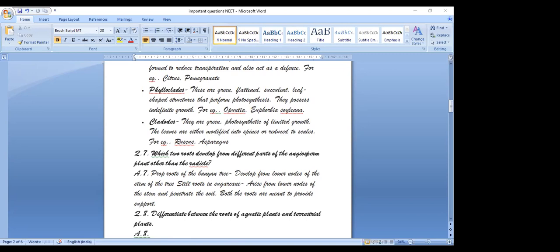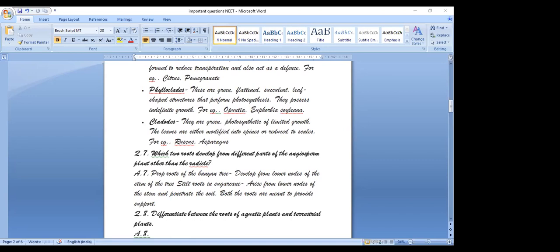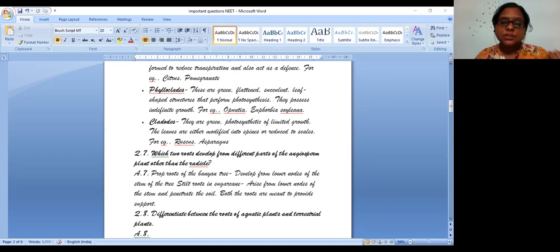See here, they're coming from the branch, from the stem. So this root is not developing from the radicle. Generally, roots develop from the radicle only. But in these cases it is not. So keep it in your mind, students. These are examples of root systems coming from somewhere other than the radicle.